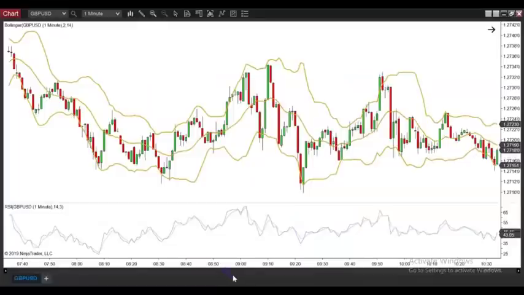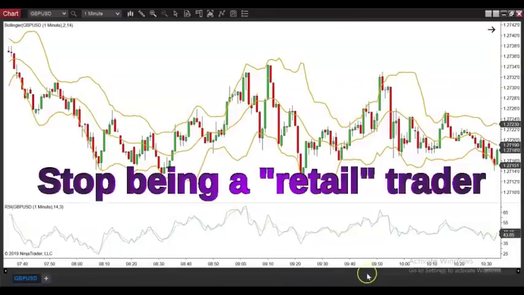So these are the type of charts right here that retail traders, losing traders, and generally traders that are never going to be able to figure it out, these are the type of charts that they're using. All right, don't be that trader, right? This is what a bullcrap chart looks like, and you've seen this before. I know you have.